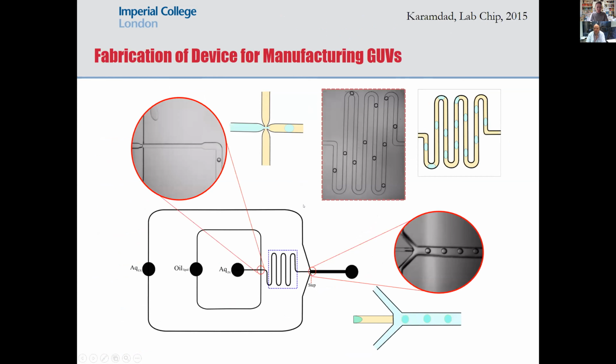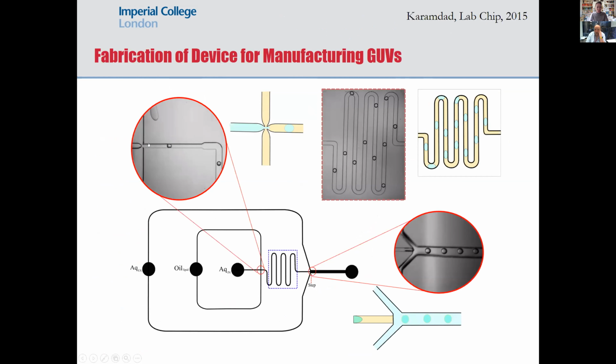So here's an example of a microfluidic chip, and the basic architecture I showed you at the beginning was, you have to make the outer chassis for this bottom-up synthetic cell. So what we've got here on the left-hand side is an aqueous junction in the middle, and two oil-based junctions coming from top and bottom. When you bring those co-flows together, it produces a series of water droplets in oil. This is normally at kilohertz rates.